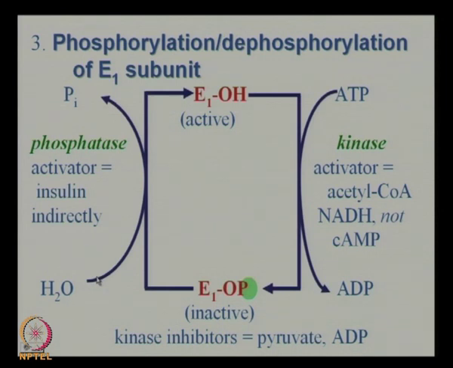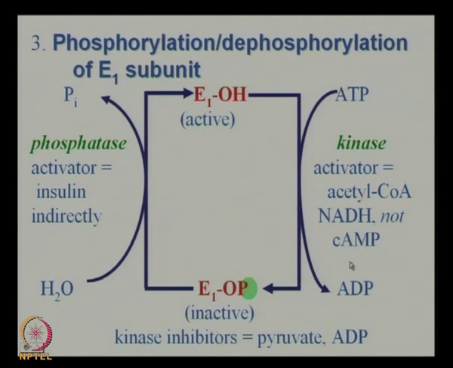With the help of the enzyme phosphatase, it becomes E1 with a hydroxyl group and is active, and it converts this process, with ATP being utilized and ADP produced.